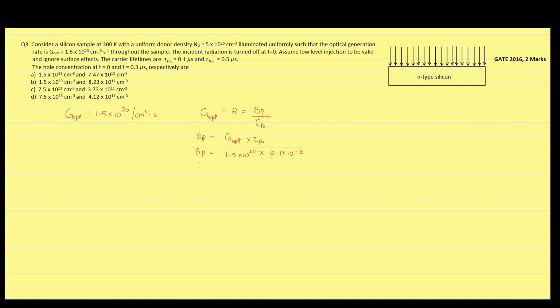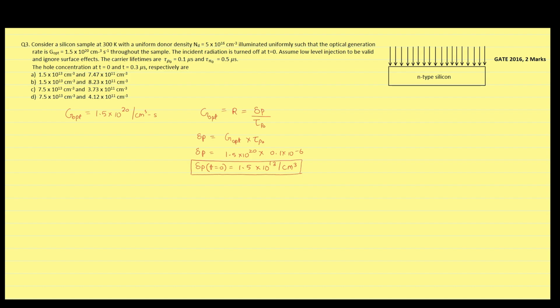So, the excess hole concentration at time t equal to 0 comes out to be equal to 1.5 into 10 raised to the power 13 per centimeter cube. The incident radiation was uniform until the time t equal to 0.